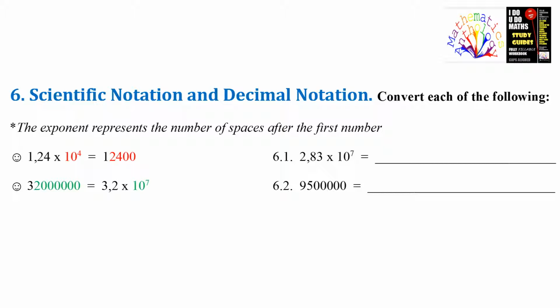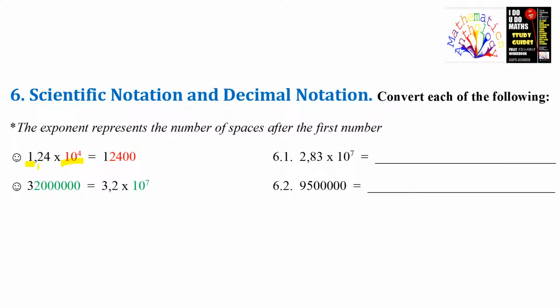So in this case, my first number is 1. I'm not going to worry about the numbers after that for now. I'm going to look at my exponent. They're asking me to multiply that by 10 to the power 4. So it means there needs to be 4 spaces after my first number.